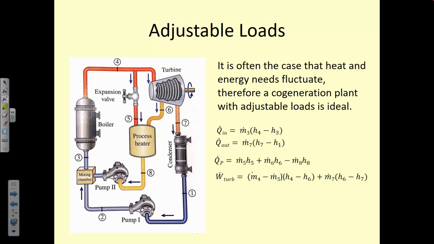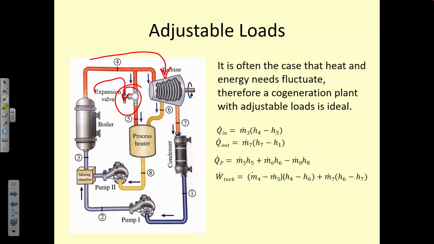And in many cases, the loads will change throughout the course of the day or the week or the month, or with the temperature outside. Your needs will change. So sometimes they don't need to create as much heat, or maybe they need to create more heat, and so they turn off the turbine. In that case, they have a plant called an adjustable load plant, which allows you, using this expansion valve, to either divert all of your steam through the turbine or divert all of the steam through the process heater.